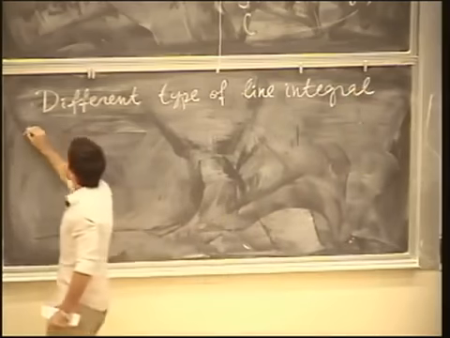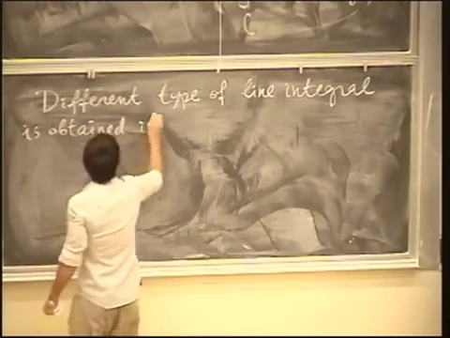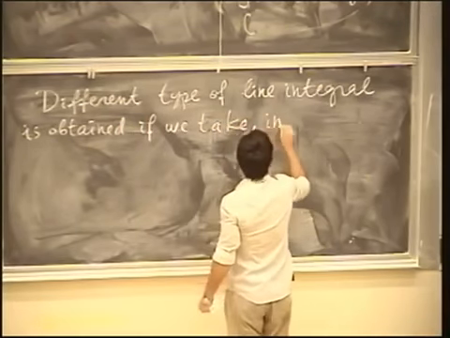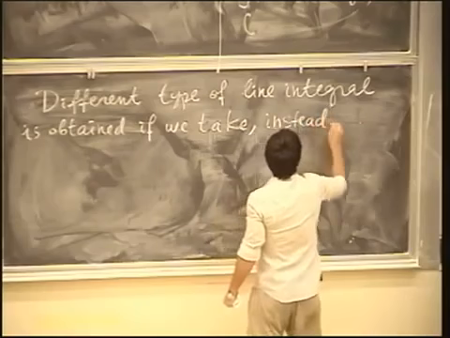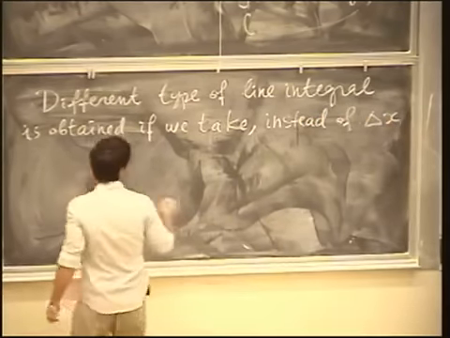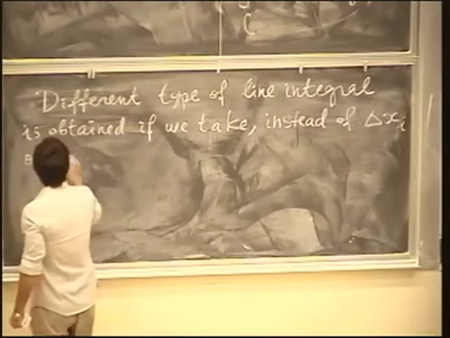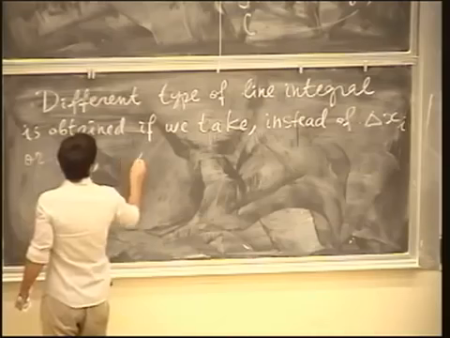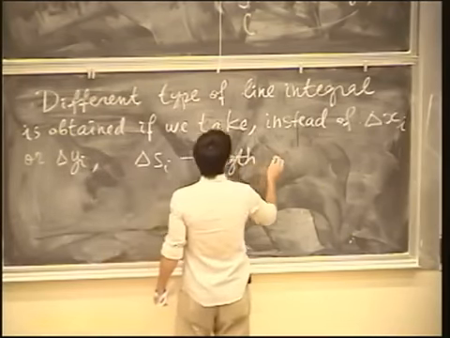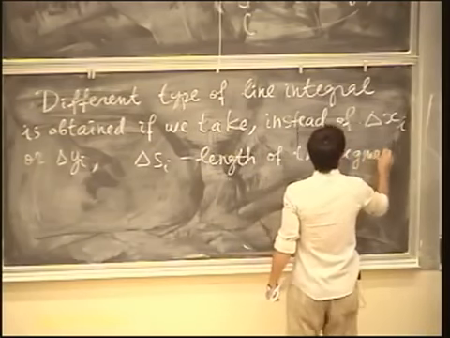It is obtained if we take, instead of delta xi or delta yi, delta si, which is the length of the segment.